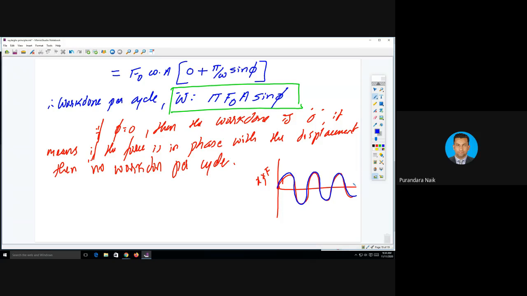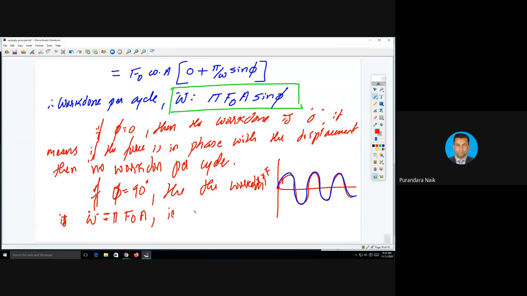Next, the second implication, the second significance. If phi is equal to 90 degrees, then the work done is, what is sine 90? Sine 90 is 1. W is equal to pi F naught A, sine 90 is 1.